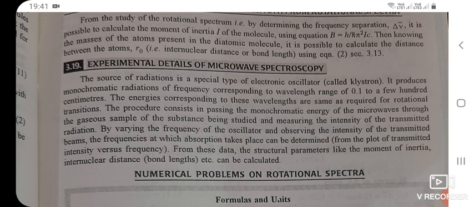The procedure consists in passing the monochromatic energy of the microwaves through the gaseous sample of the substance being studied and measuring the intensity of the transmitted radiation. By varying the frequency of the oscillator and observing the intensity of the transmitted beam, the frequencies at which absorption takes place can be determined from the plot of transmitted intensity versus frequency. From these data, the structural parameters like the moment of inertia, internuclear distance, bond lengths, etc. can be calculated.